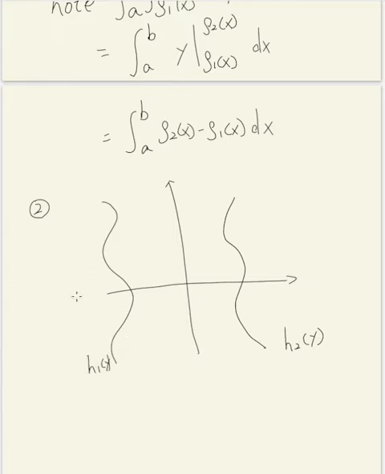These two curves go left and right, so they can be expressed as x equals some function of y, and two horizontal lines, y equals d and y equals c.